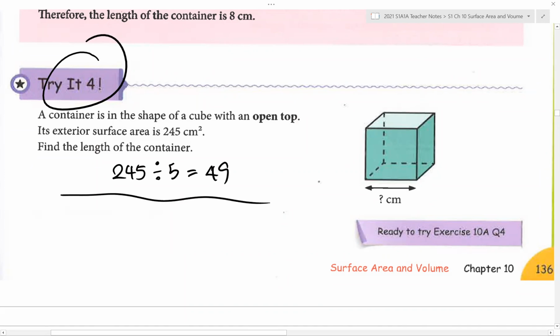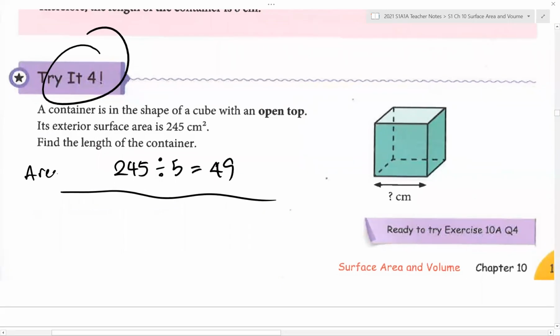What is this for? What is this for? What are you calculating? Area of one square. It's 49 square cm.